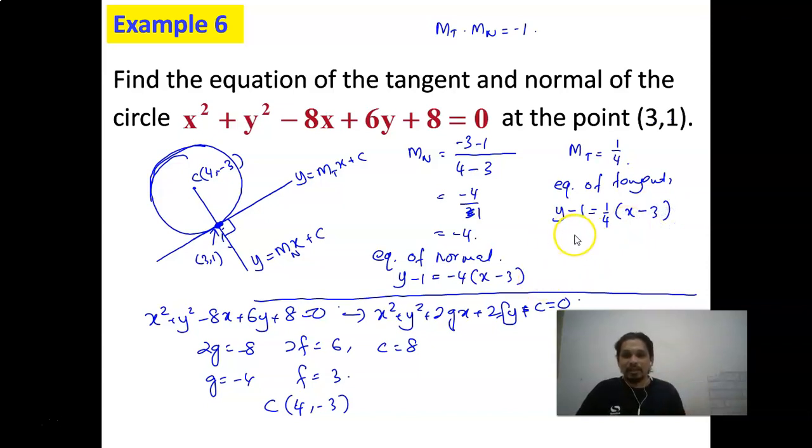So simplify this and simplify this, and here you should get, for the equation of tangent, y equal to 1 over 4 x plus 1 over 4.